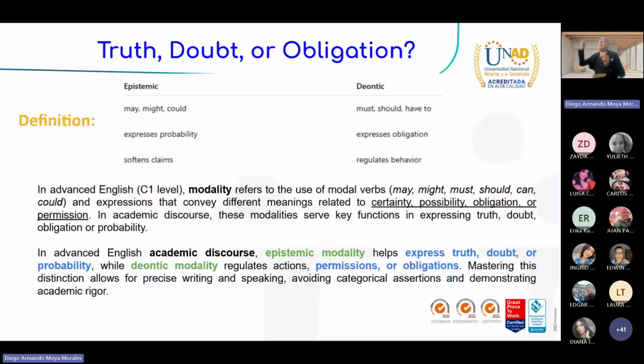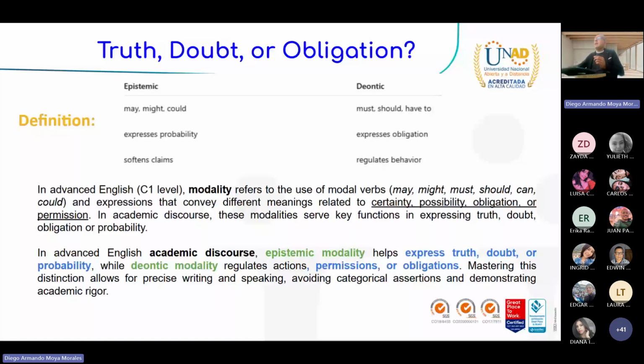And I want to show you that in English, there are two different types of modality. Modality related to modal verbs, right? What is that about? So as you can see here, this is some kind of advanced English level. And the modality refers to the use of the modal verbs that you already know, but in two different ways.